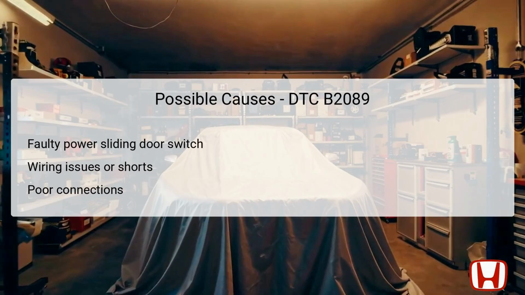Finally, poor or loose connections within the wiring harness could disrupt the signal flow, causing the error code to trigger. Diagnosing these areas is essential, as they represent common failure points leading to this specific DTC and its associated symptoms.